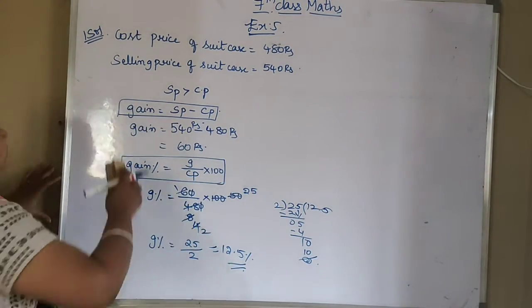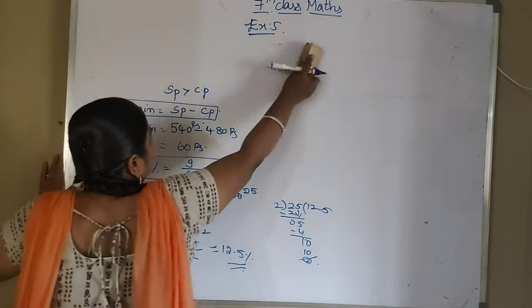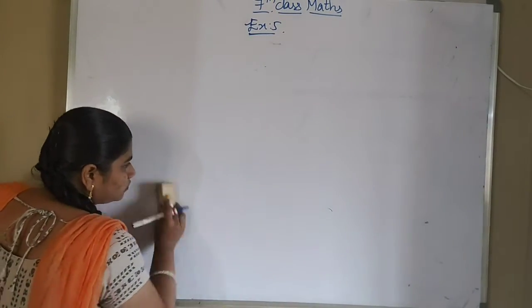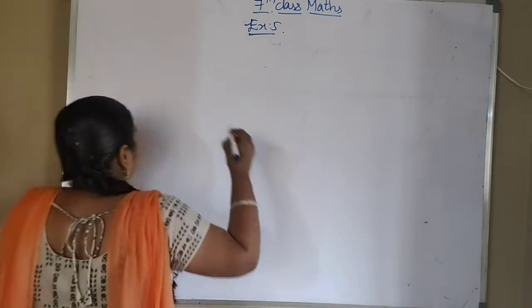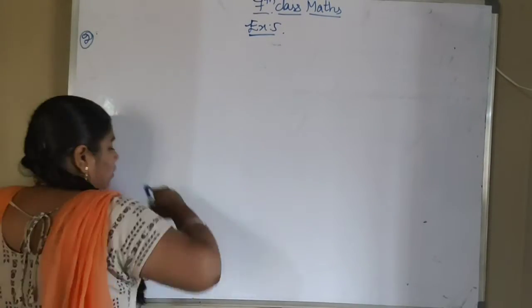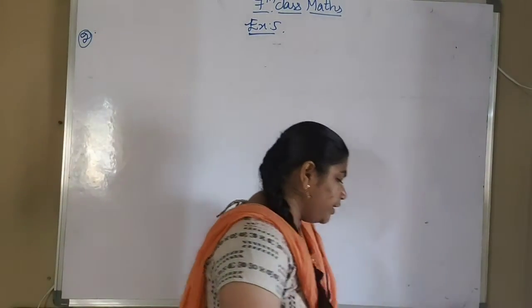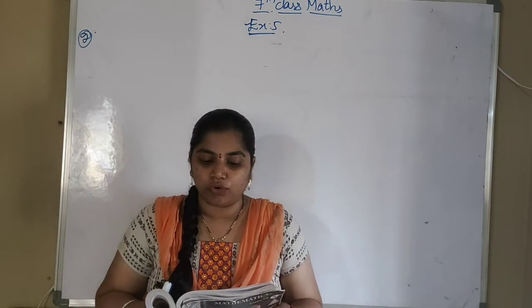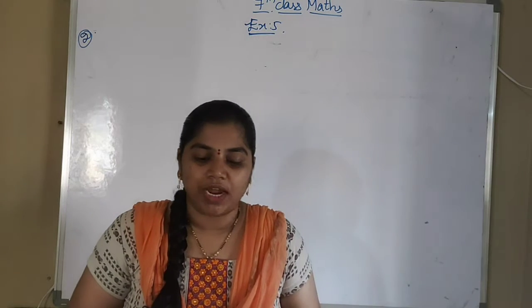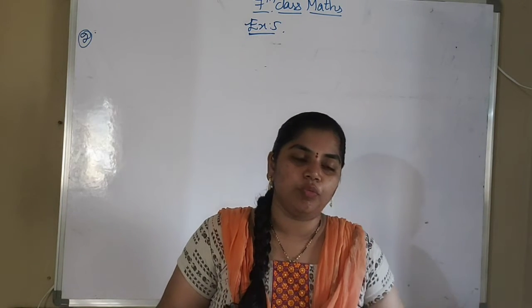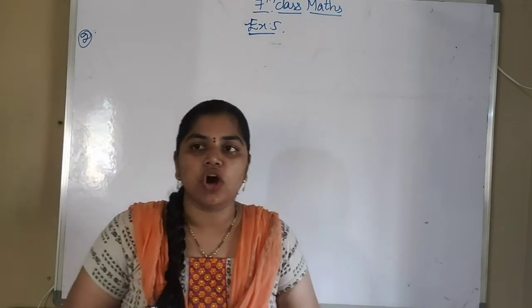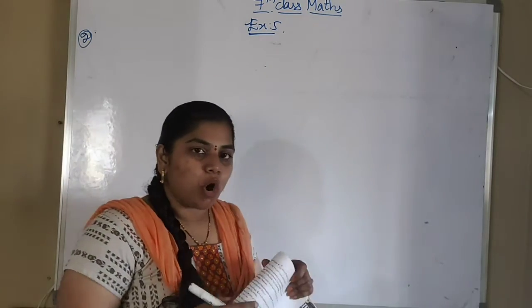Next one. So what is the second one? Ajay bought a TV for 15,000 rupees and sold it for 14,100. Find the loss percentage. In the previous problem we found the gain percentage. Here we are finding the loss percentage. So he bought a TV.